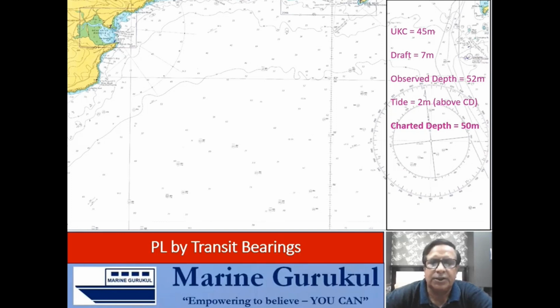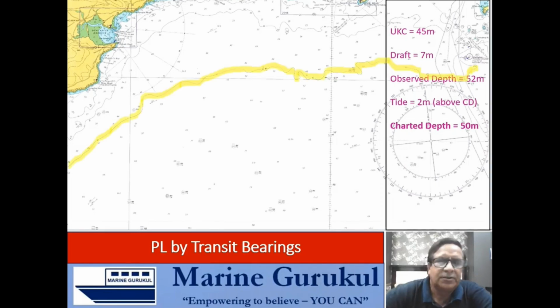Now, if you see on the chart, this depth contour is the depth contour for 50 meters. So if the charted depth at that time was 50 meters, that means the vessel is somewhere on this yellow highlighted depth contour, and this depth contour now acts as a PL.